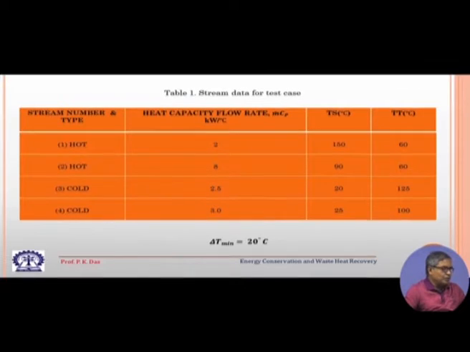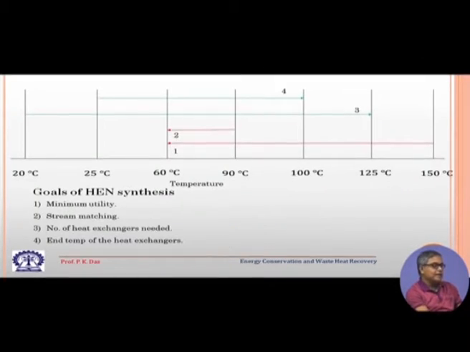If we go back to the problem page, it is delta T min, that is pinch temperature, 20 degree Celsius. That means, anywhere in the network, the difference of temperature between two streams should not be below 20 degree Celsius. This is a design decision.